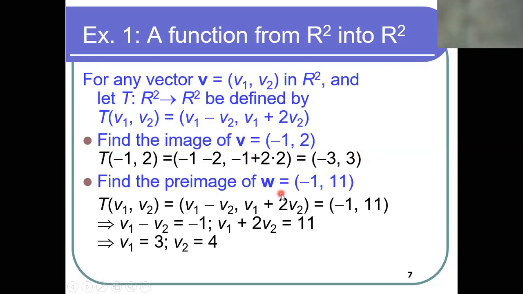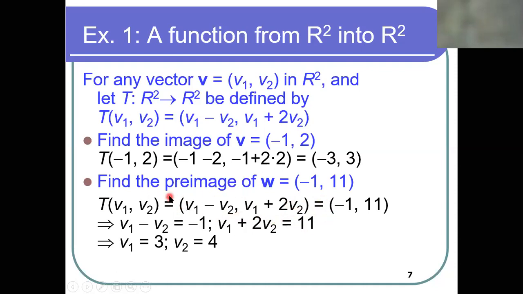Find the pre-image of minus 1 and 11. In that case, you have to calculate this pre-image. You calculate V1, V2, which is equivalent to this matrix of transformation, and its image is minus 1 and 11. So you have to calculate its pre-image.